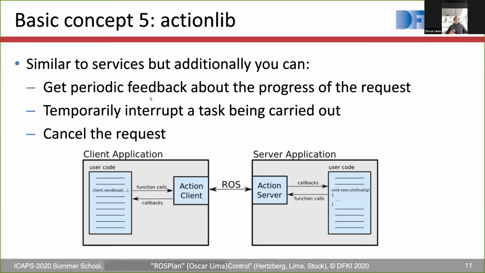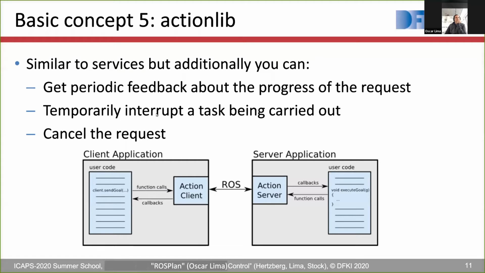If the request that you made takes a long time to process, you might want to get some feedback in the middle, to know what the progress is, and maybe some data structure with some messages giving you some visual feedback about what's going on with the request.